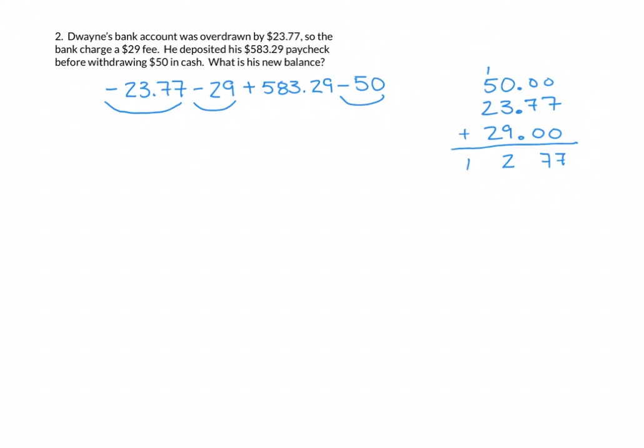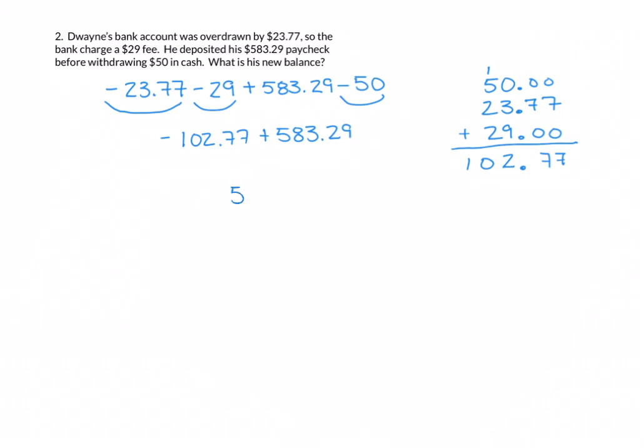Plus 2 is 10. We bring down our decimal point. So what this turns into is negative 102.77 plus 583.29. Okay, we have different signs now, so I want to subtract.